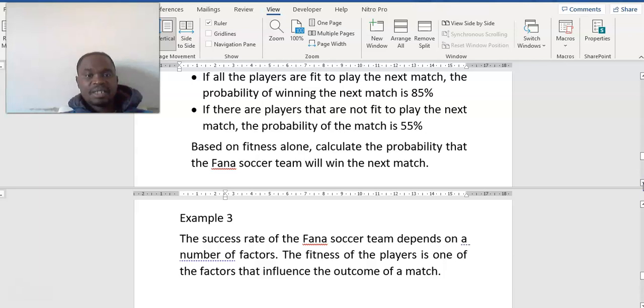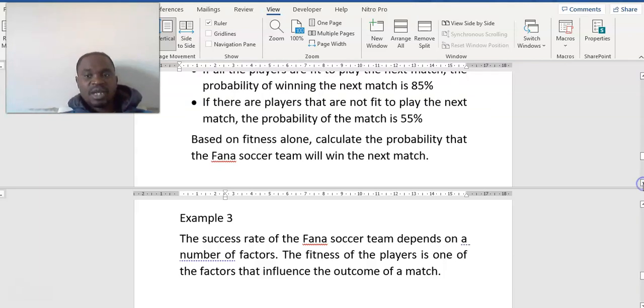Based on fitness alone, calculate the probability that the Bafana soccer team will win the next match. We are only considering fitness. We know there are other factors that will cause players to win the match, but we are only considering fitness. Okay, let's see how we'll solve this question.